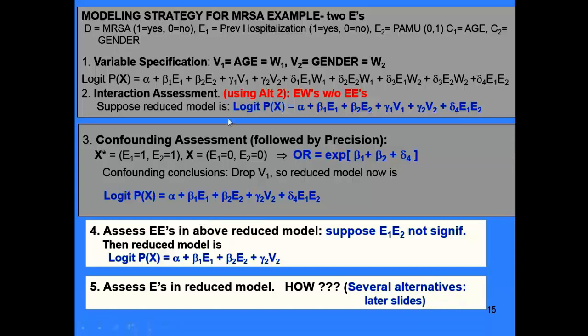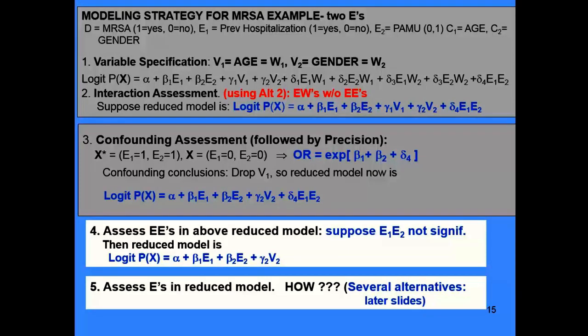Once we dealt with variable specification, interaction, confounding, and even interaction for both the EWs and the EEs, in this example of alternative 2, we're down to a model which has 2 E's and 1 V. And the V was the result of having gone through confounding and decided to drop the other V that was eligible to be dropped, as a non-confounded V1. So we're down to a model where there were 2 E's in the model.